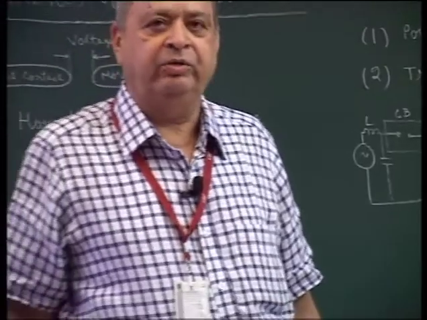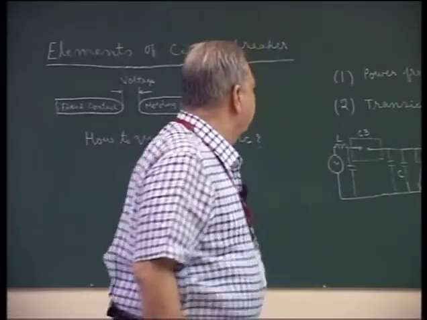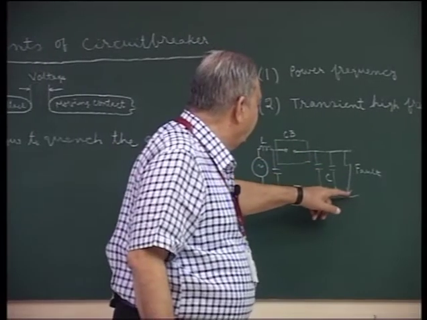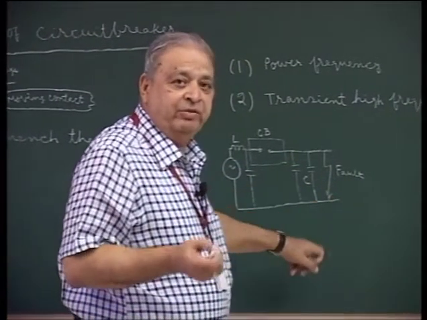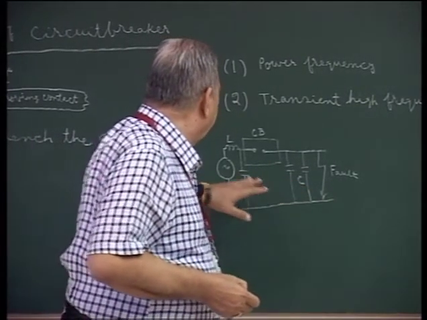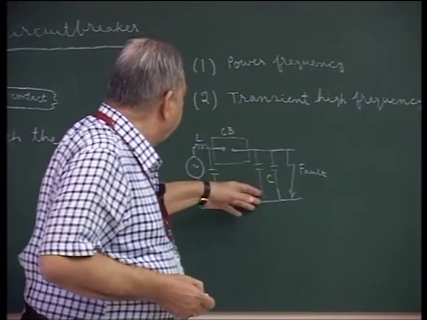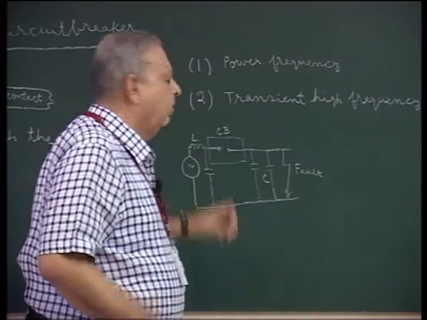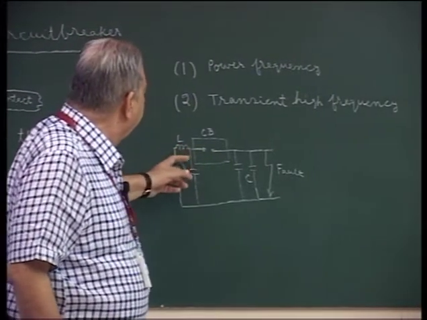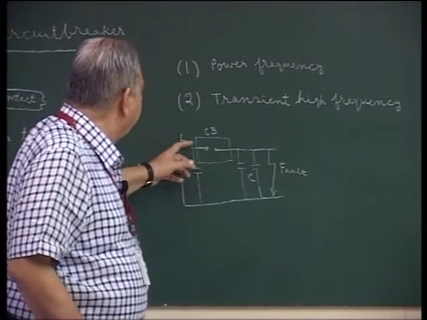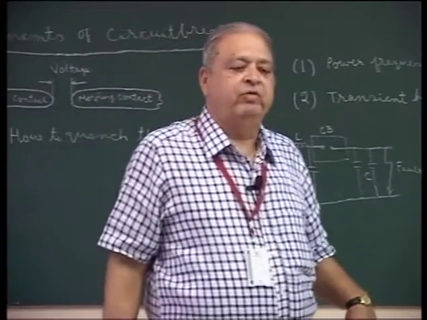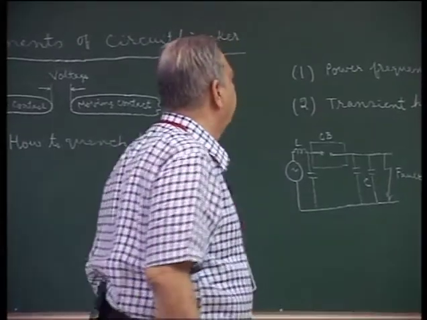At natural current 0, this arc vanishes. The arc at the fault also vanishes for a short period at natural current 0, and these capacitances will like to charge to the maximum voltage of the source, and therefore oscillation will be established between this inductance and these capacitances.